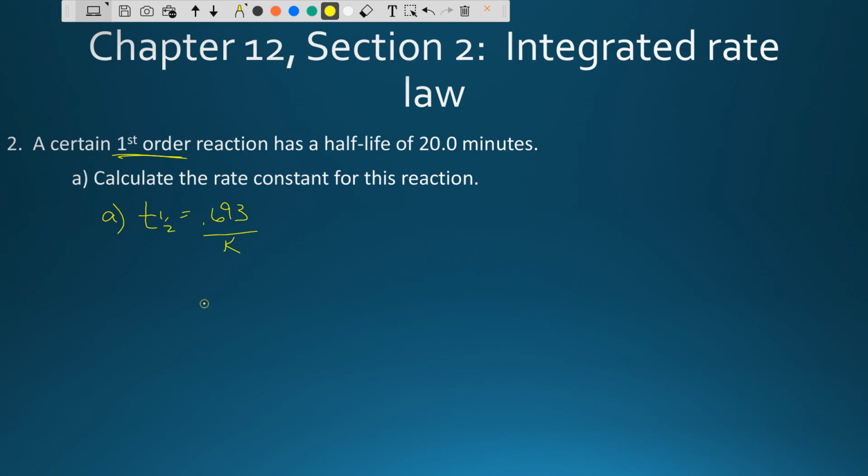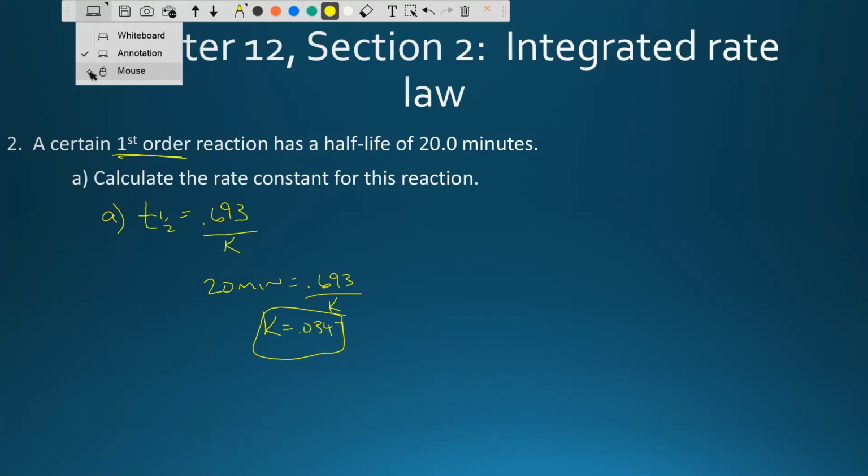And then I plug in my value of time, that's 20 minutes, equals 0.693 over K, and so my K ends up being 0.0347. Okay, and so that's basically just plugging values in. All right, so all I have to do with these is just find those values.